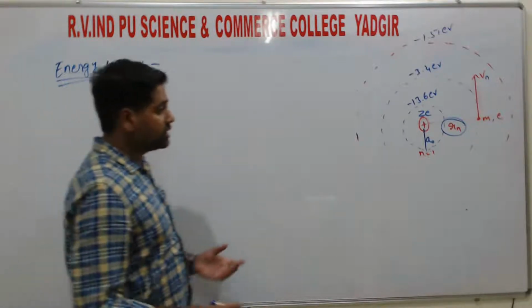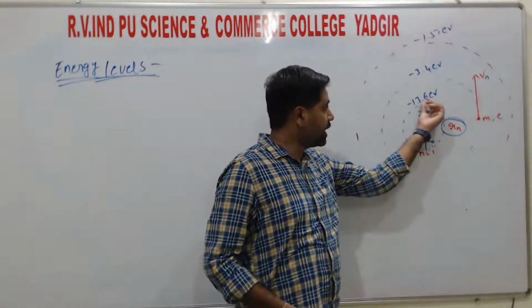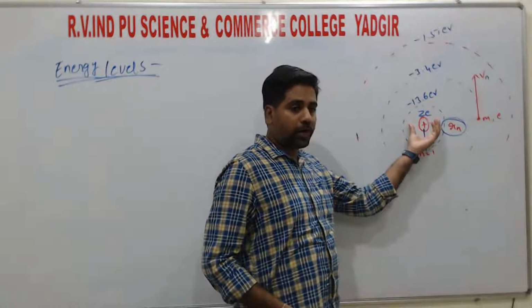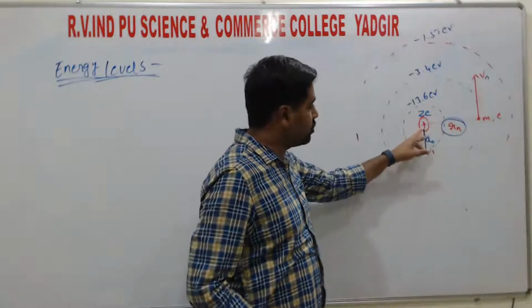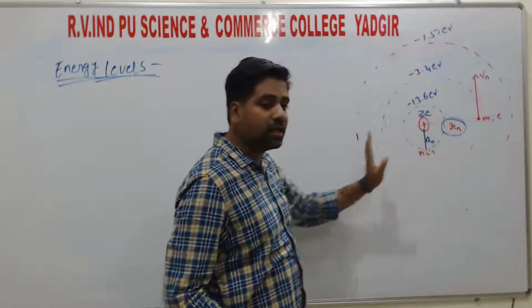As already said, the energy of the atom is least when the electron is revolving in the closest orbit, right? If you observe here, which one is the closest? This orbit is the closest. So in this orbit, the energy is least.